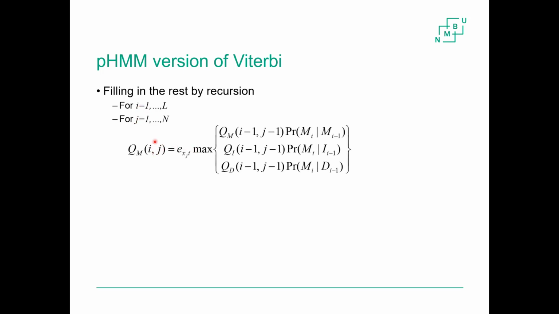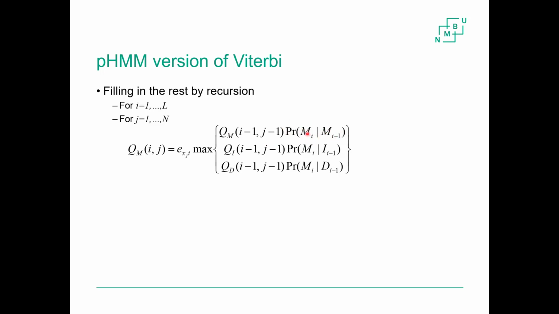And then you look at how to fill in row i, column j of this QM. Then you need to go one row back and one column back and see what's in the previous cell, you could say diagonally up, one step to the left and one step up, and then compute this transition probability here.